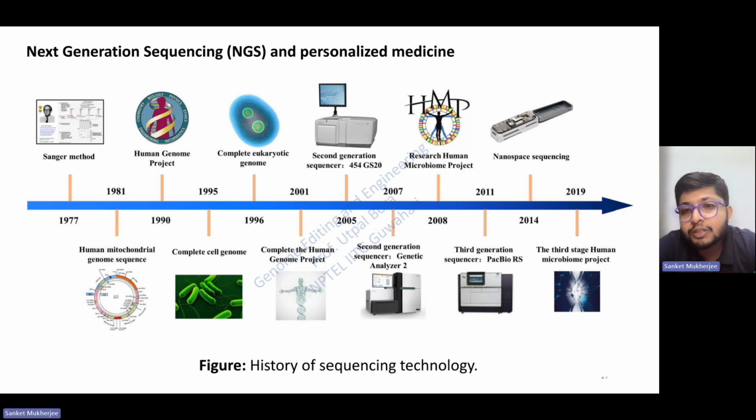From 2019 onwards, there was the beginning of the third stage Human Microbiome Project. And from the beginning of the SARS-CoV-2 epidemic, pandemic rather, there were extensive sequences of viruses, which come under microbiome, done. SARS-CoV-2 is one of the only viruses that has millions and millions of sequences available in databases.